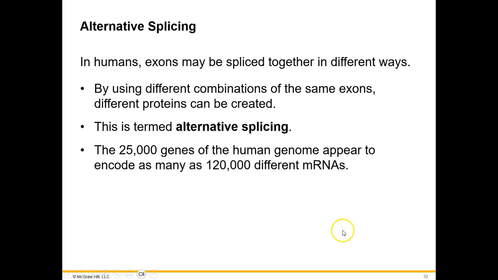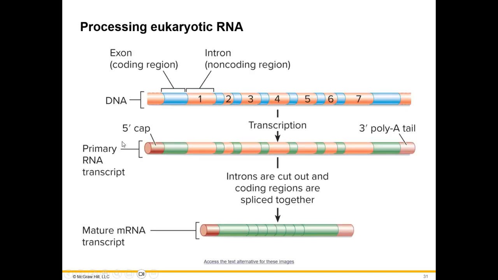So we have about 25,000 genes in the human genome that appear to encode as many as 120,000 different mRNAs. So we have so many more messenger RNA possibilities than we do have individual genes in our DNA. The different arrangement of those exons is changing the proteins we're making.